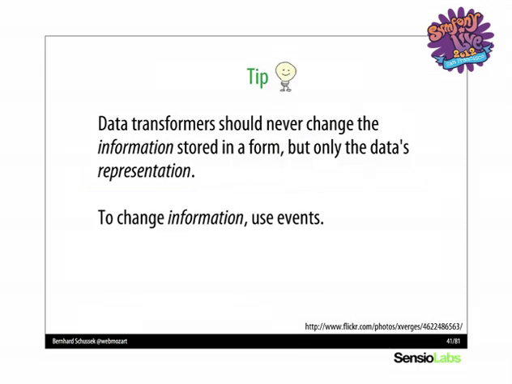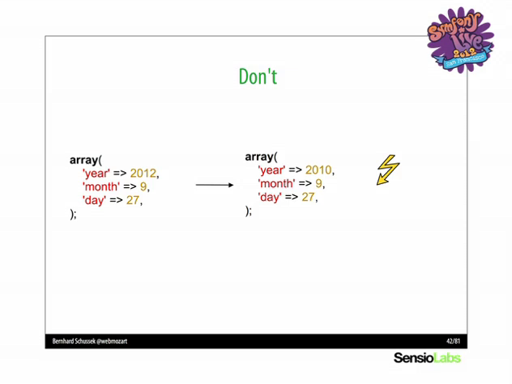My third tip for today is, if you create a data transformer, never, ever, ever change the information that is stored in the data. As an example, you shouldn't transform from one format, which contains the date September 27th of 2012, to a different information. The year differs. It's not a different format, but a different content. Okay?